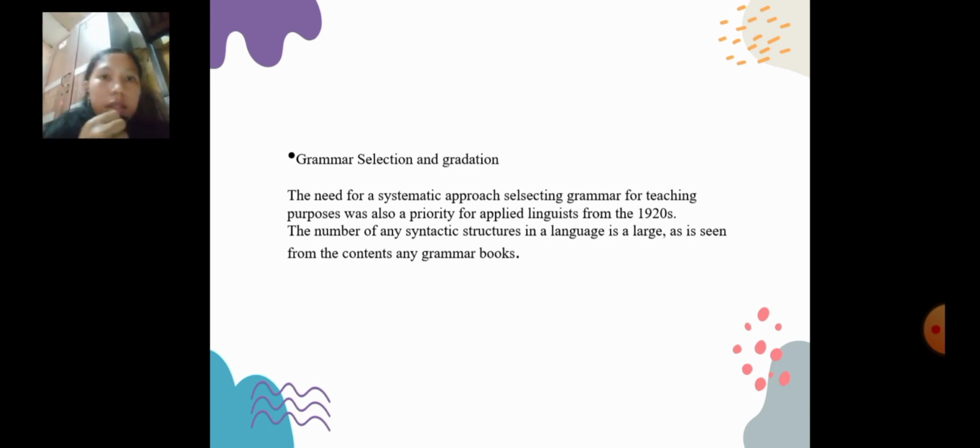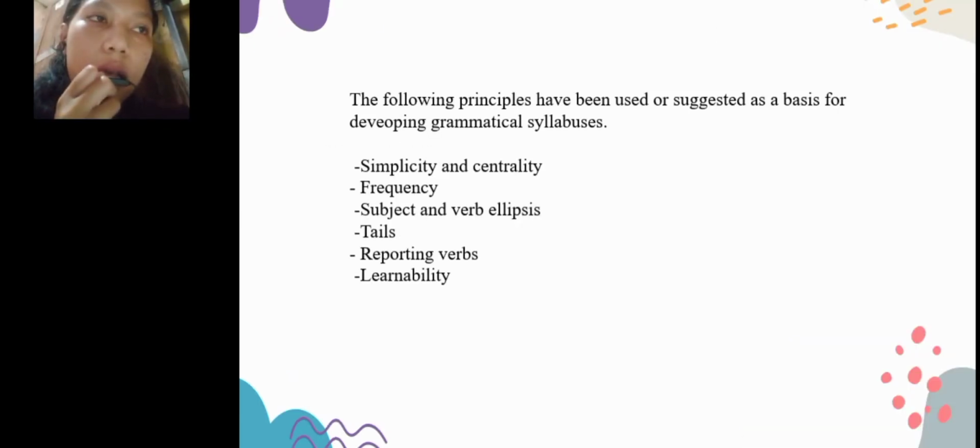From 1920, the number of grammatical structures in the language was found to be large, as is seen from the contents. The following principles have been used or suggested as the basis for developing a grammatical syllabus.